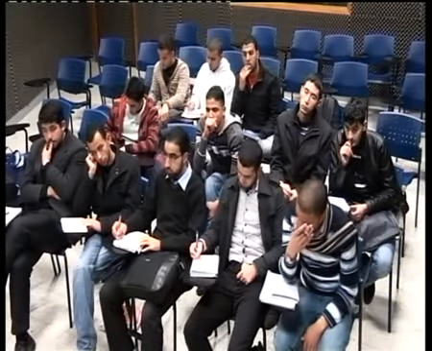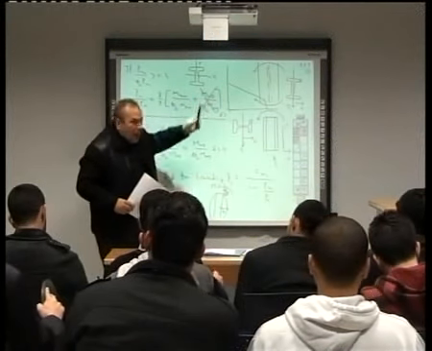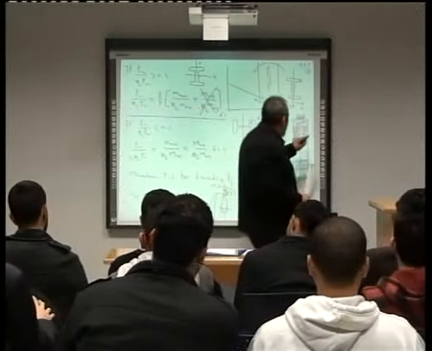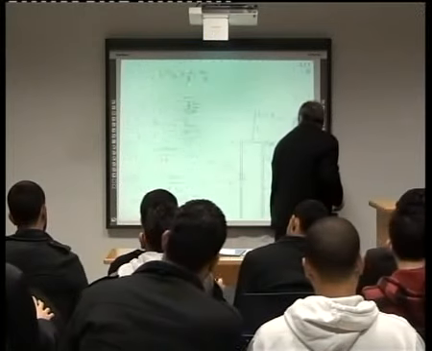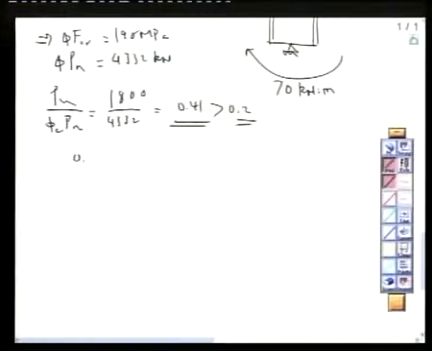You don't start calculating M ultimate Y, because it's already out of the picture. So we go to this equation, and we already calculated 0.41. So we are left with plus 8/9 M ultimate X over phi b MNX less than or equal to 1.